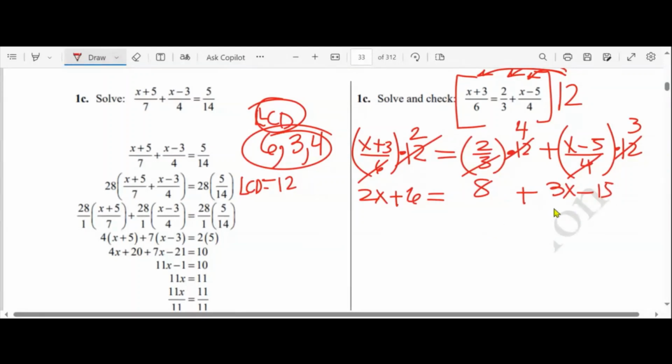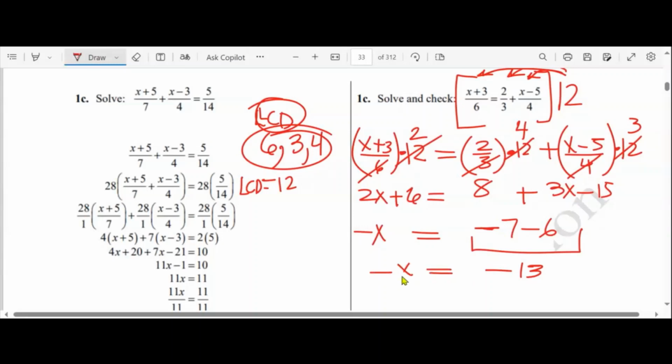Very good. Now, we're going to move the x's in one side and the number in one side. If I move the 3x to the other side, what do you get? And if you add 8 minus 15, what do you get? Minus 7. And you move the 6 to the other side, you get? Minus 6. Together, how much?